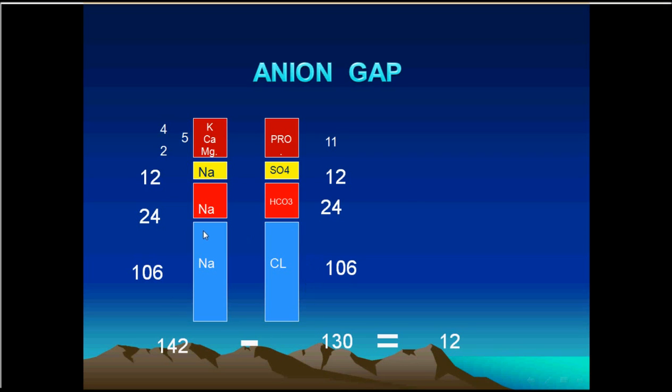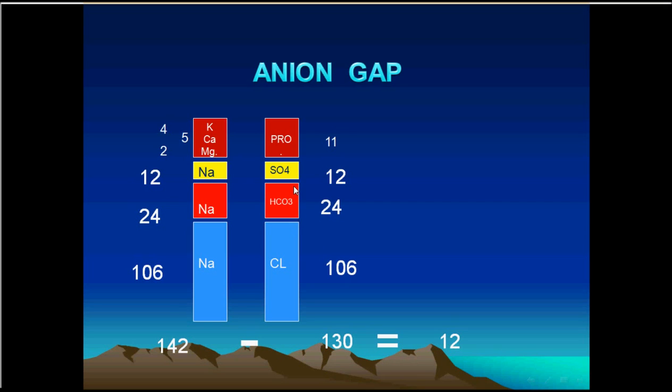This is the cation and anion, but usually we do not routinely measure all the cations and all the anions. The routine measurement is usually sodium and sometimes potassium. Potassium usually is added, but the common one here is sodium. This is the largest cation present in the extracellular compartment.